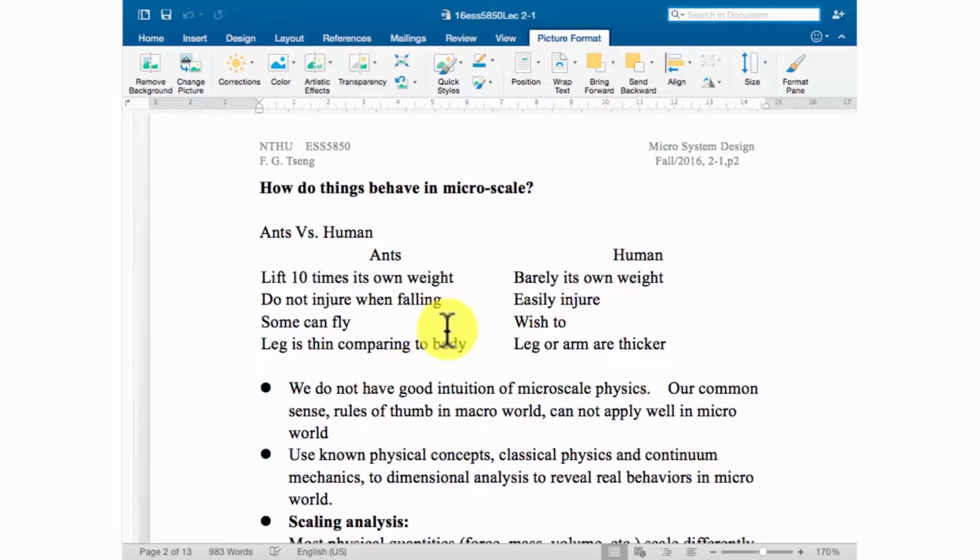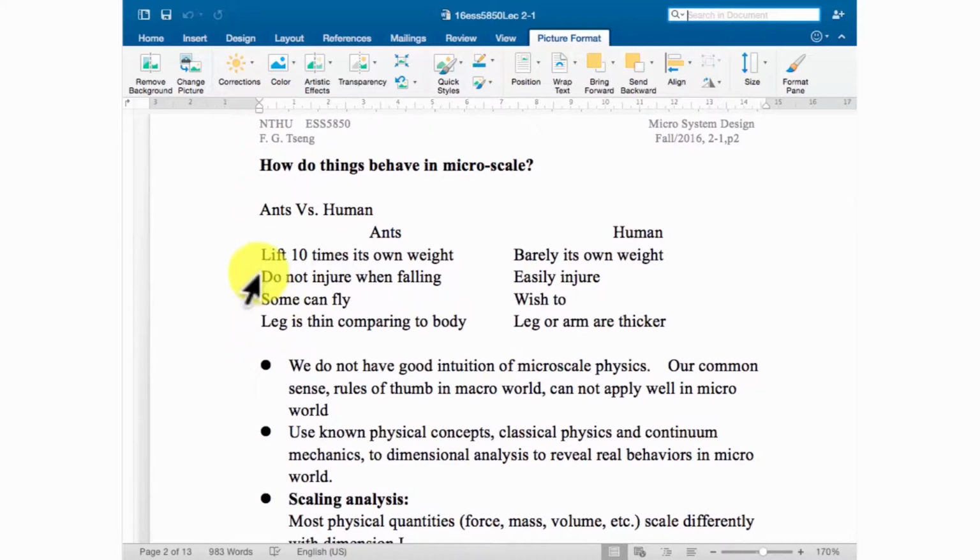So when we compare the first three, we feel very upset for humans. Compared to ants, we are nothing. We even cannot do everyday ant life. So that's a problem. However, when we compare the ant's body size and structure to the human body structure, we find that the ant's leg is pretty thin, even though it can lift 10 times its own weight.